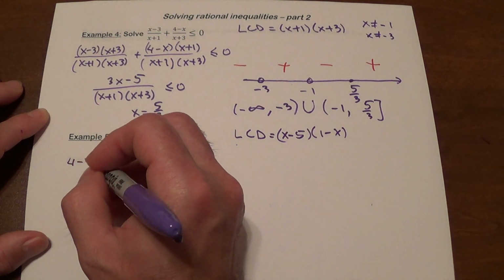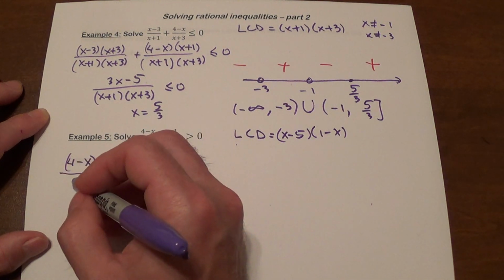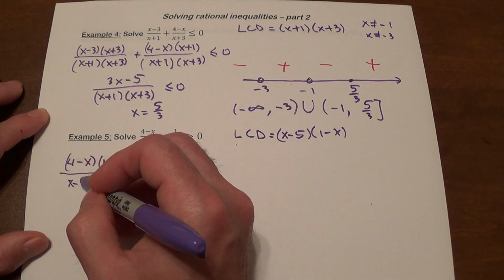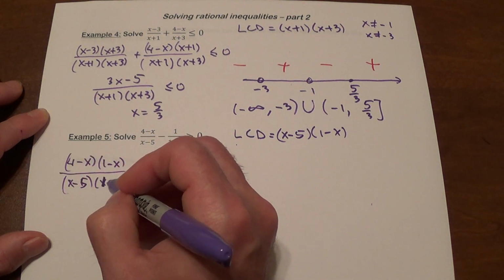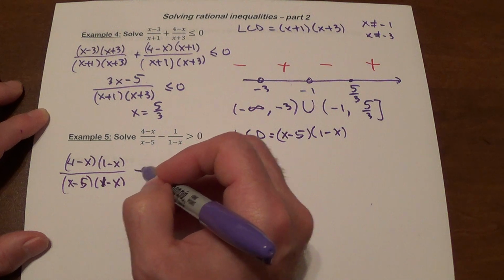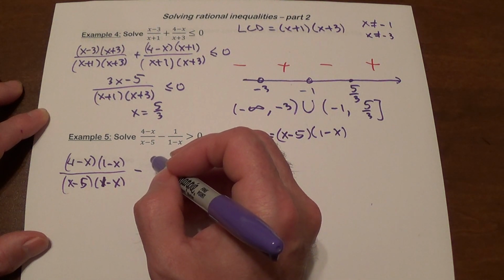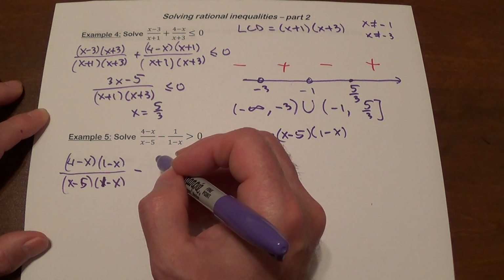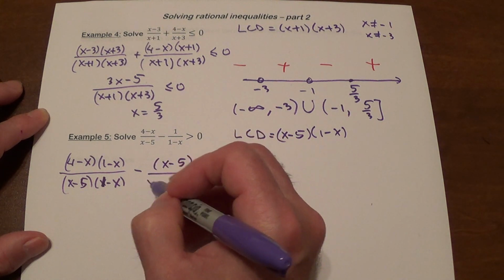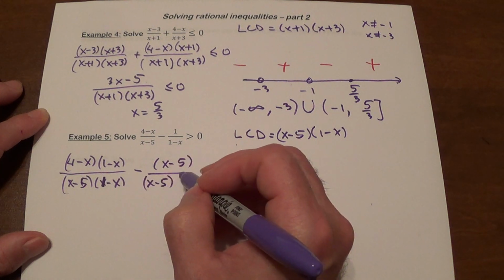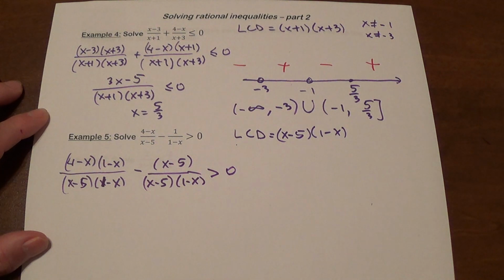So we're going to have 4 minus x times 1 minus x divided by x minus 5 times 1 minus x minus, and then over here we're going to get 1 times, so multiply this by x minus 5, and this is going to be x minus 5 times 1 minus x greater than 0.